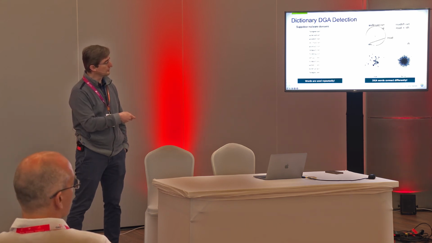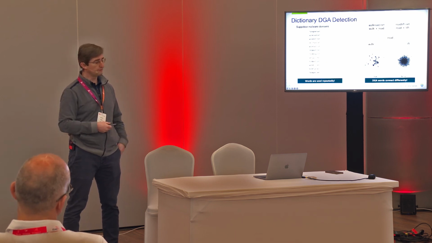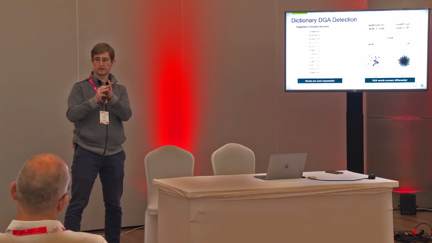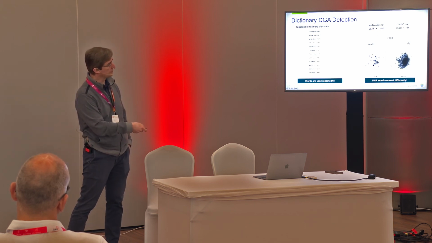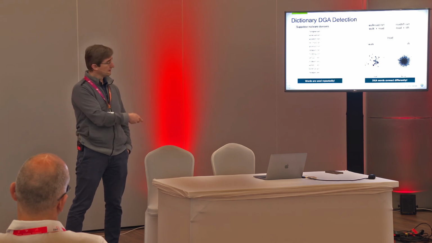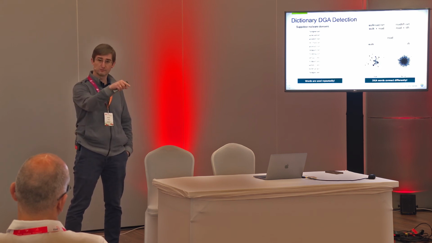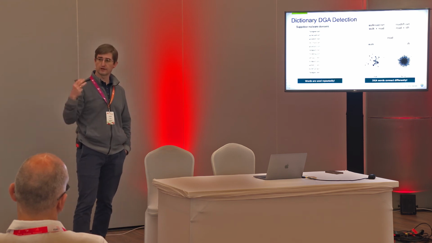If it does not appear again, it will be just a leaf node. If you take a host which is doing normal internet domain resolving, this graph will look like this one. But if you take a host infected with malware using this technique, the graph will look like this one. So it's very, very different, and you know that this host is most likely infected, right? This is what we do on the fly when the query comes.